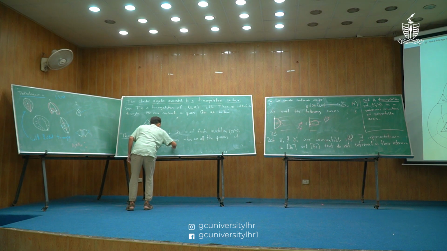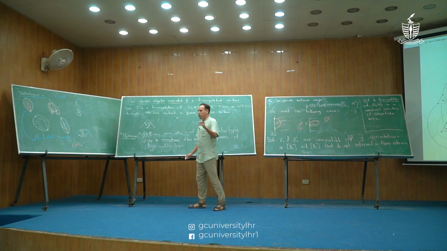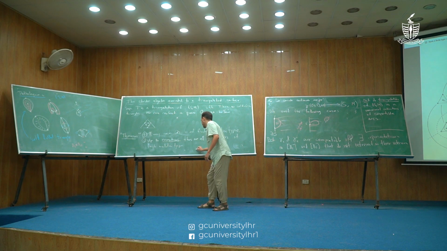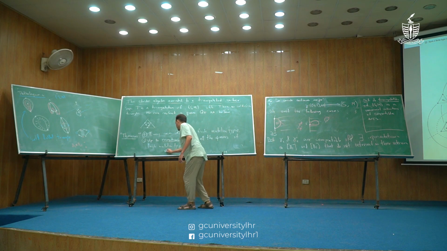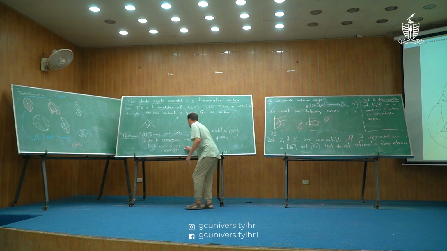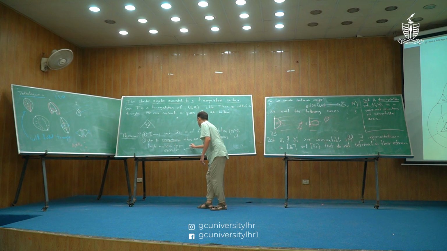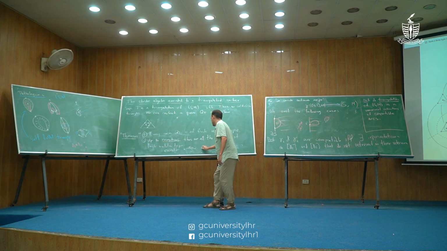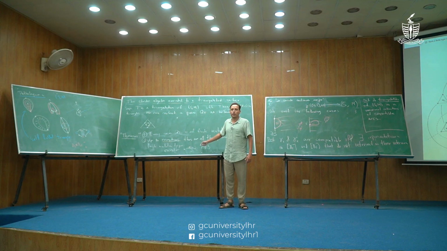And the exceptions are going to be quivers with 2 vertices and many arrows. These exceptions are quivers with 2 vertices and arrows greater or equal to 3. So these quivers cannot be produced using a surface.